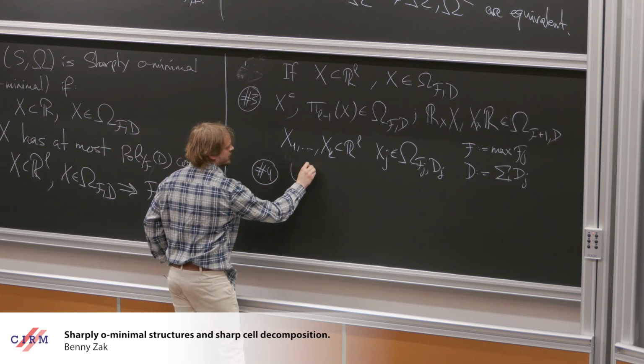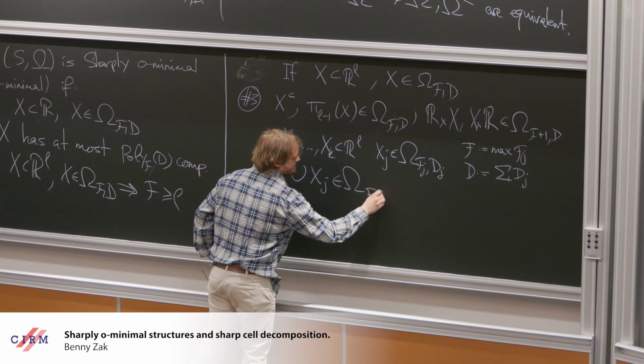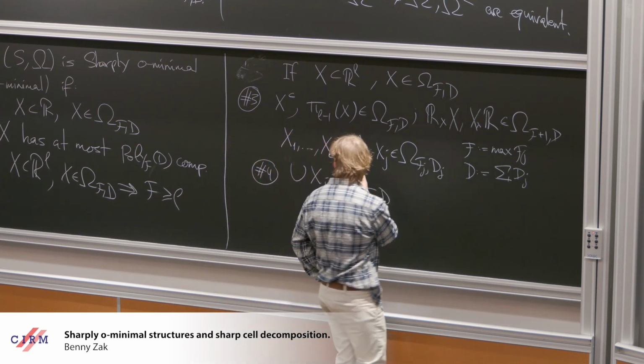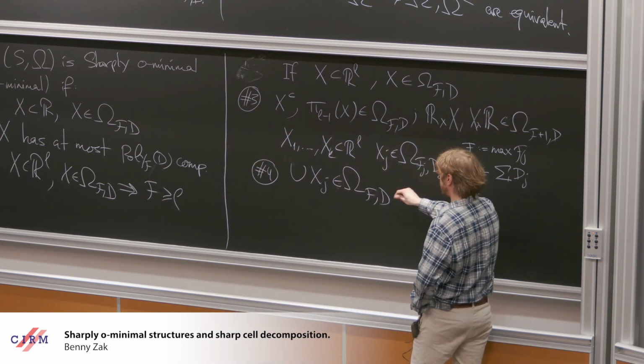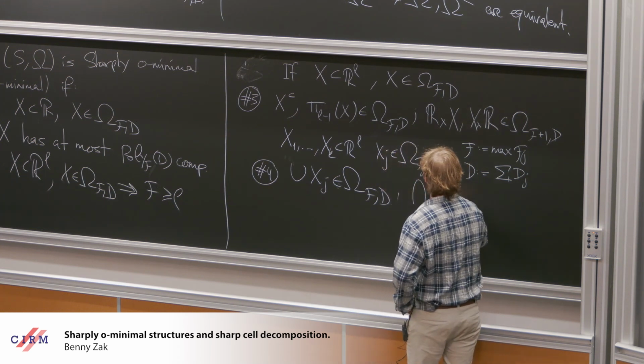So their union is inside omega F D. But okay, in our preprint it's split into two axioms, but no need here. And also the intersection is in omega F D.